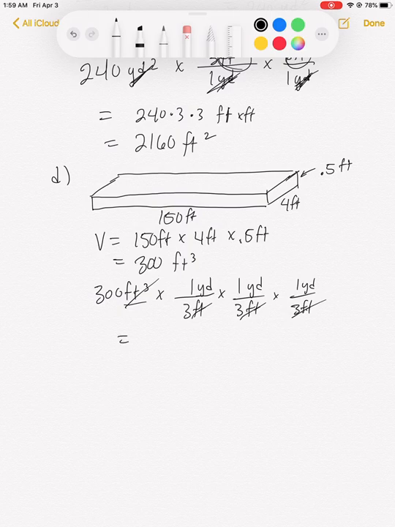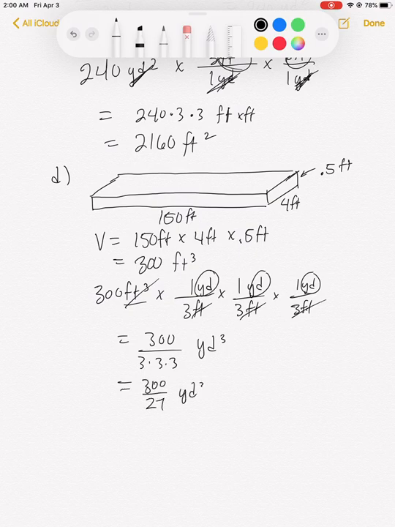And what I have in the end is 300 divided by 3 times 3 times 3, and I have yards cubed. And those yards cubed come from here and here and here. What we have for our numbers is 300 divided by 27 yards cubed.